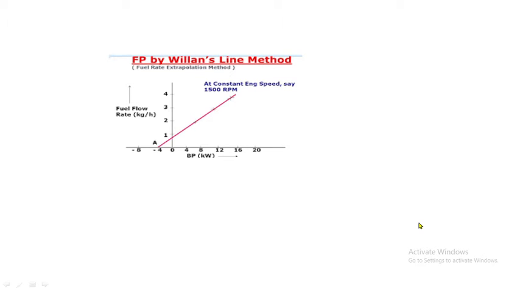Here you can check that the x-axis is brake power. You can have a negative side of x as well as a positive side of x in terms of kilowatt. Then the y-axis is the fuel flow rate in terms of kilogram per hour. Make sure that here you use kilogram per hour, not kilogram per second, for FC. And here the engine speed is constant at 1500 rpm. Don't follow this as a scale.